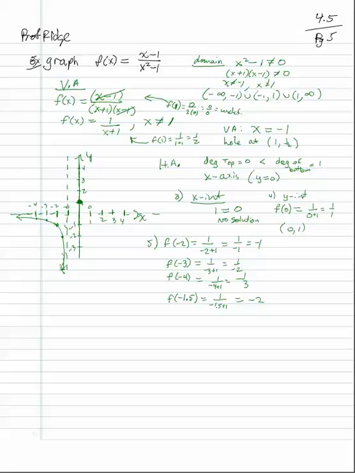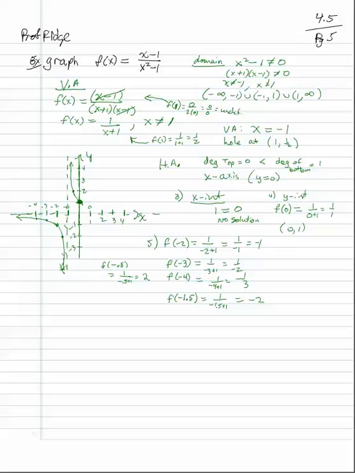Now if we do f of, say, -0.5, we're going to get 1 over -0.5 plus 1, which is 1 over 0.5, which is 2. And you should see what's going on here, that we're actually going to go to positive infinity.